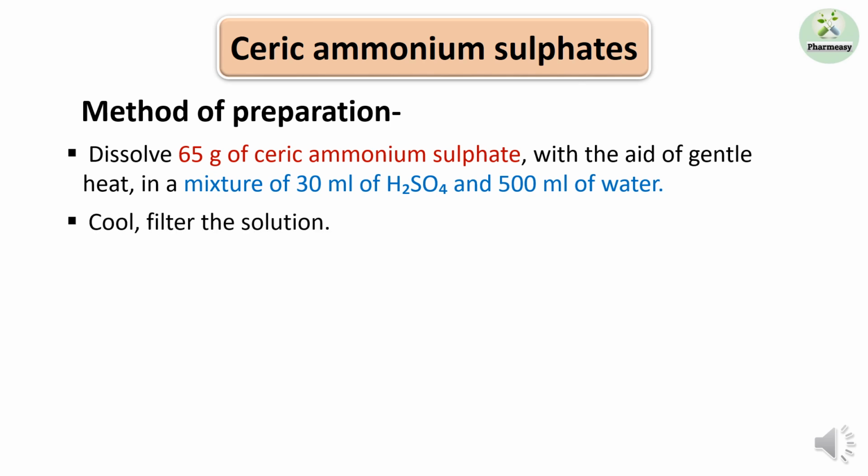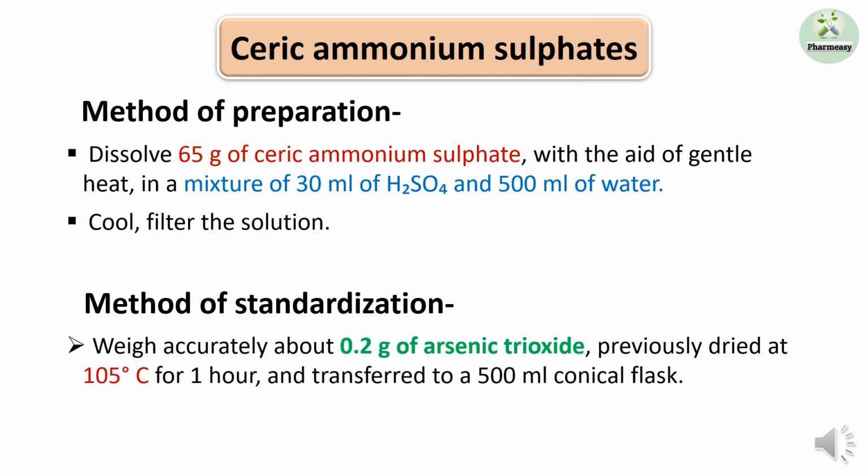Then, cool and filter the solution. And process of standardization is weigh accurately about 0.2 g of arsenic trioxide, which is previously dried at 105 degrees Celsius for 1 hour, and transfer to a 500 milliliters conical flask.